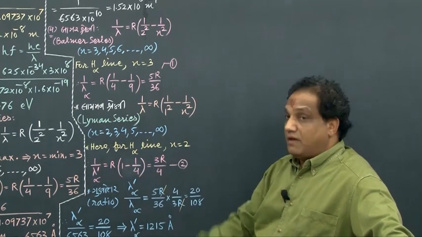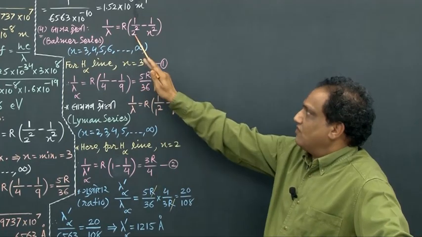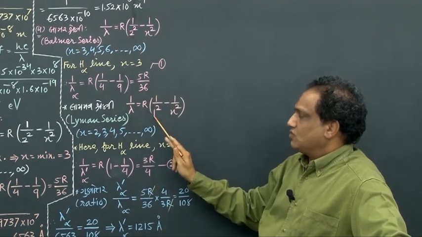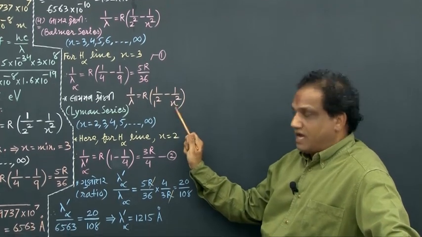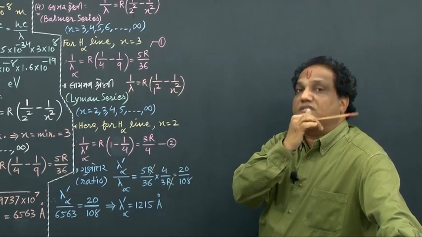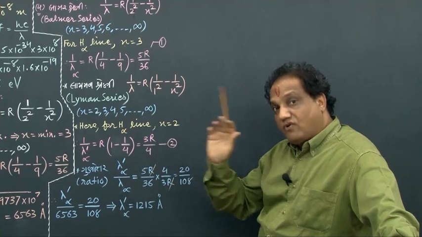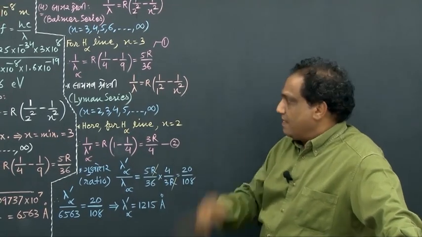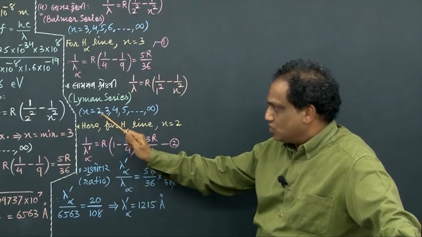Now we are talking about Lyman series. For Lyman series, this formula would appear this way. Instead of 2, you should write 1. That's all. Now what are the values of n? After 1, all the positive integers, that is 2, 3, 4, 5 up to infinity. But again they are talking about the H alpha line only, now for Lyman series. Then you should take the first value, which is 2 right now.